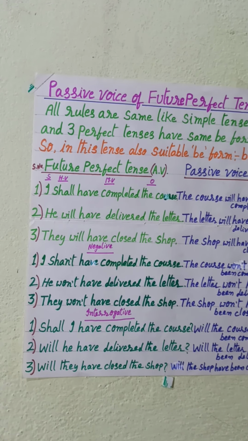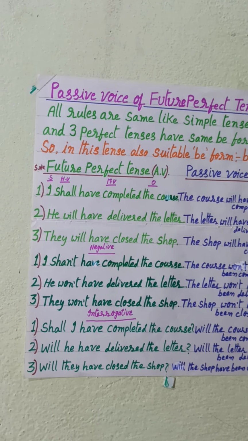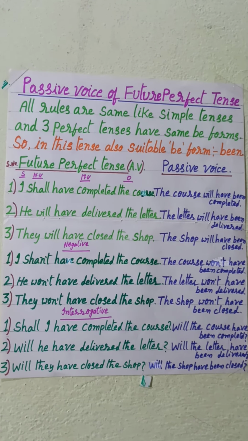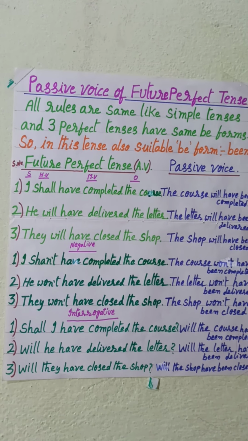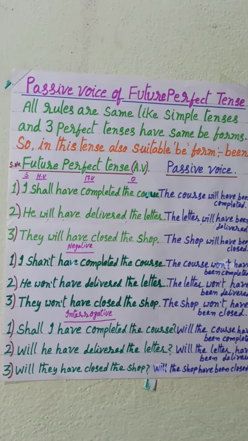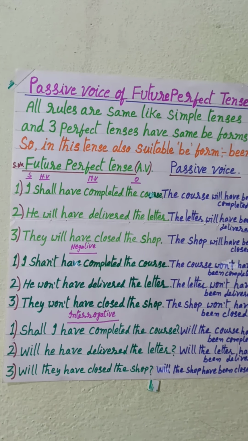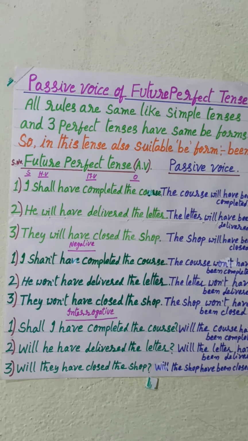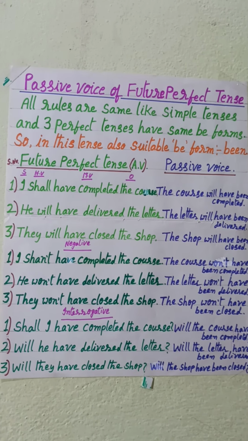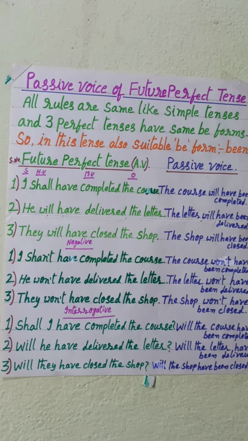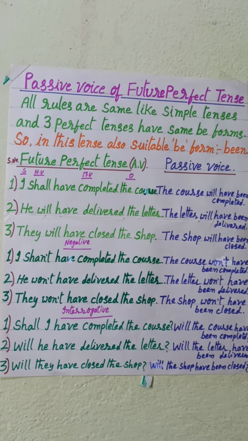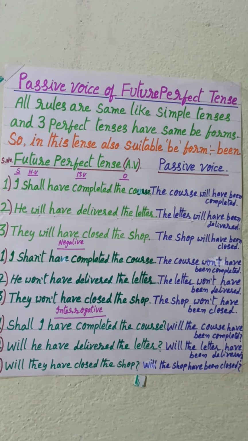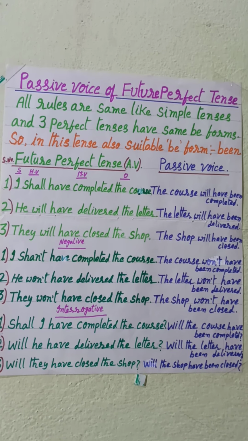So we think that it will have been delivered by this time tomorrow. So here, he will have delivered the letter by this time tomorrow. In the passive voice, the letter will have been delivered by this time tomorrow.